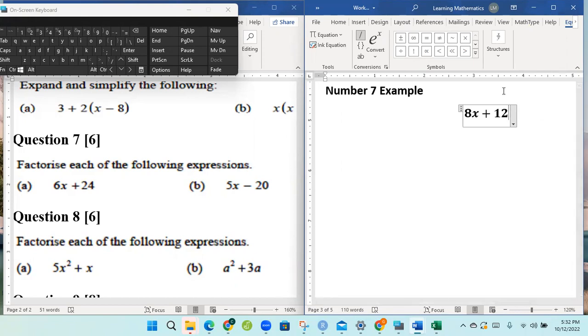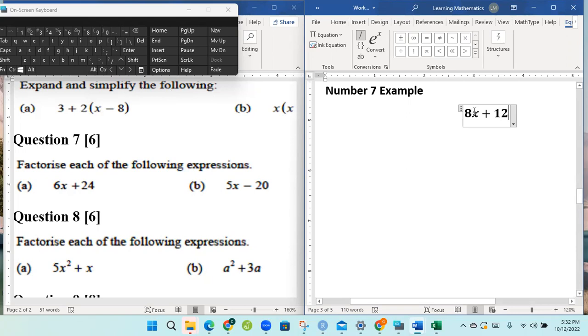And this, you would like to factorize it, meaning your final answer must have brackets. It must have brackets, and there must also be a coefficient outside of the bracket. So the first step in factorizing is to try to find out what comes outside of the bracket. What comes outside of the bracket, if you are dealing with numbers, is the highest common factor between the coefficients.